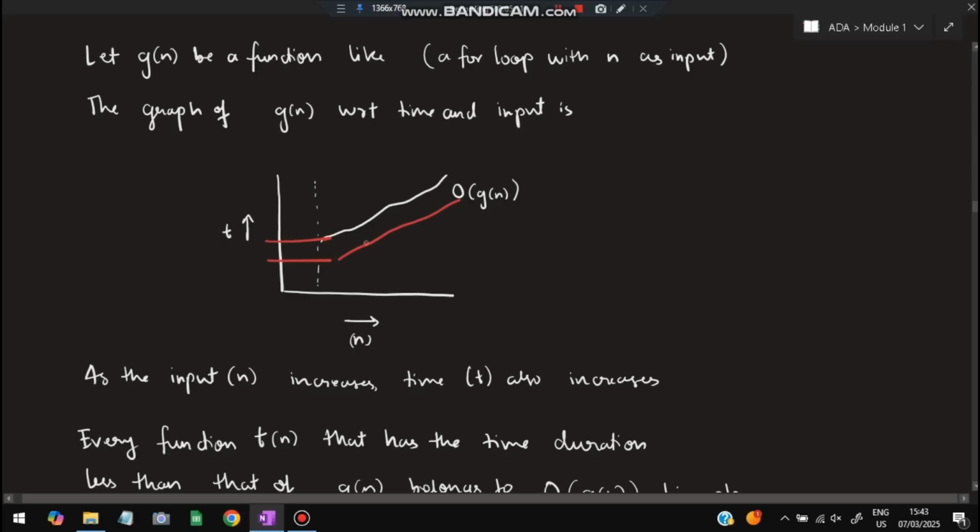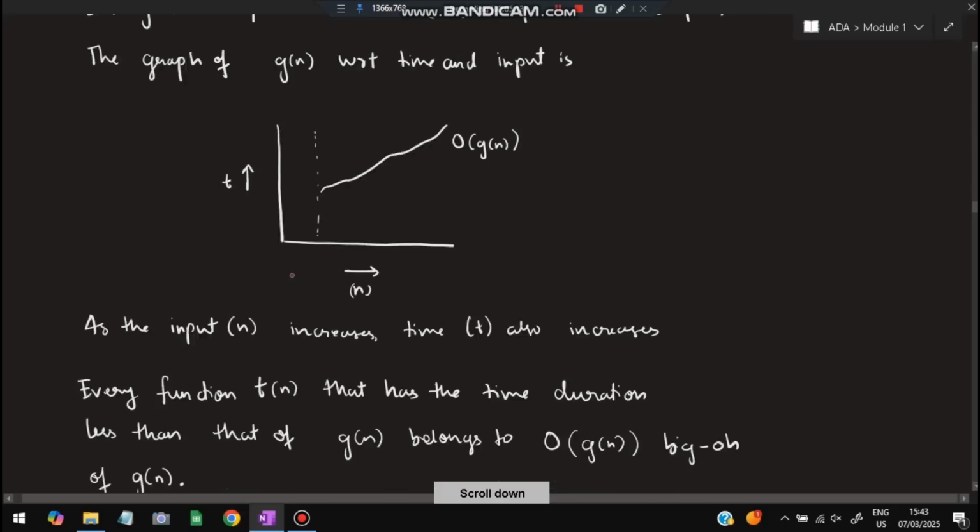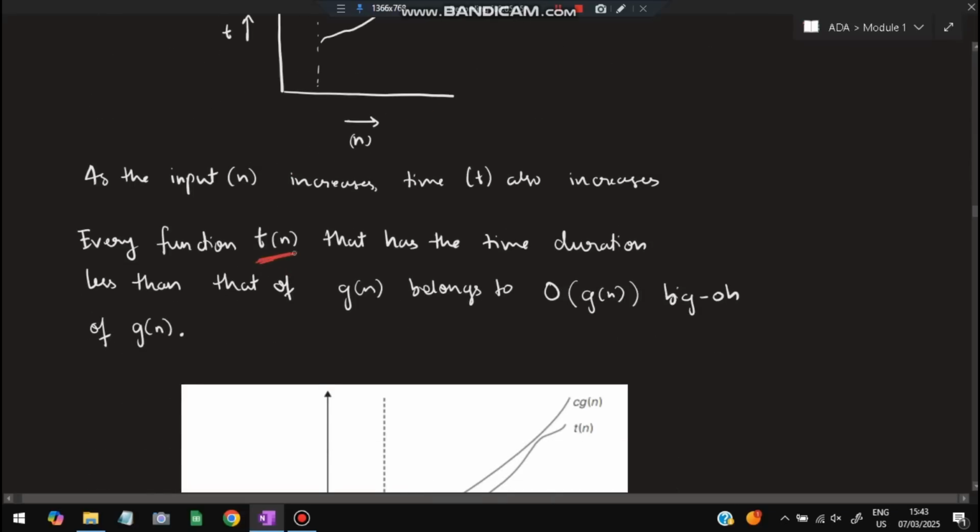So that new function I'll call T of n. Listen carefully: every function T of n that has a time duration less than that of g of n, like every name smaller than mine having less time to execute than my name, belongs to the O of g of n, meaning the worst case of g of n.